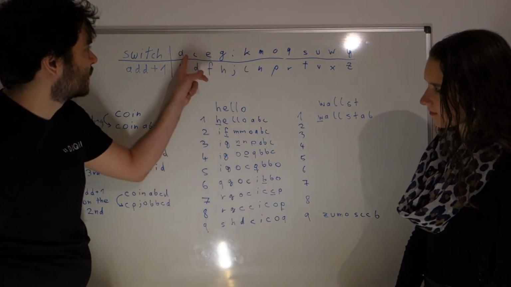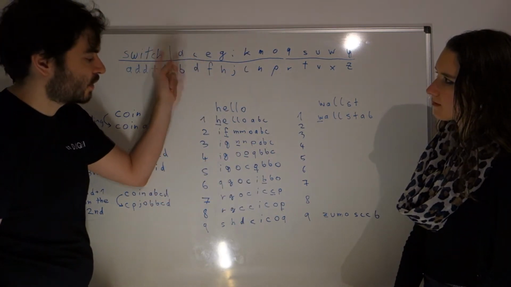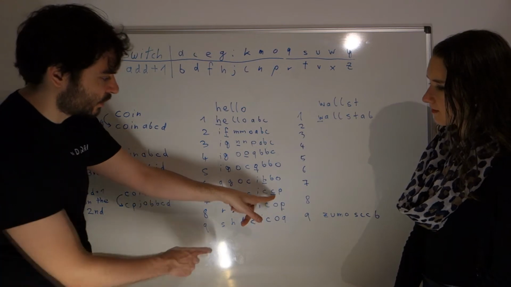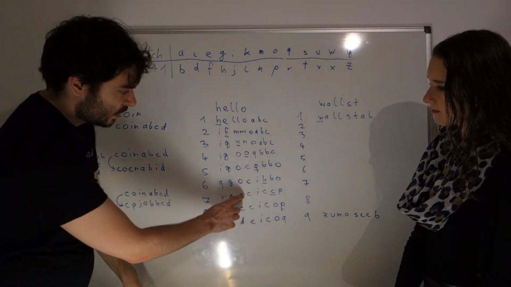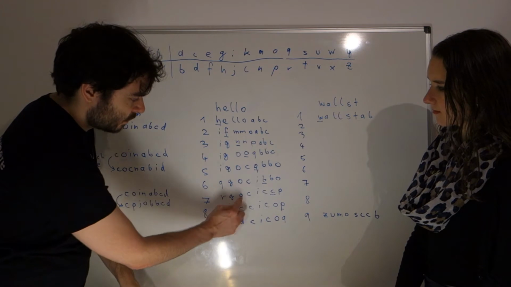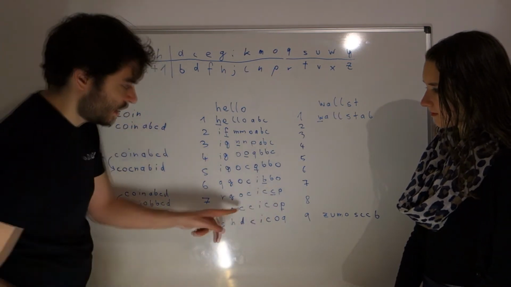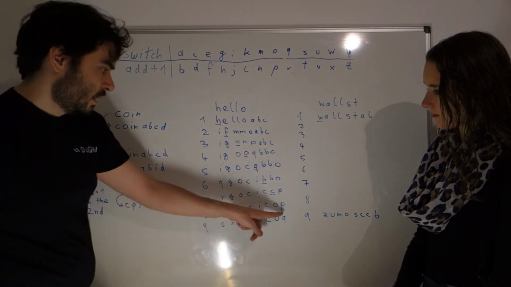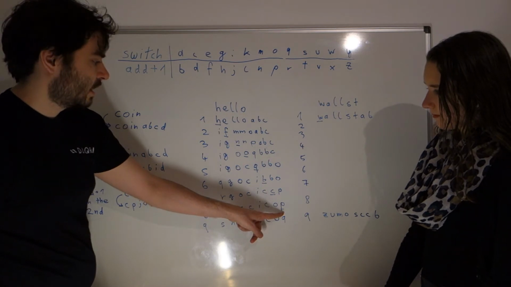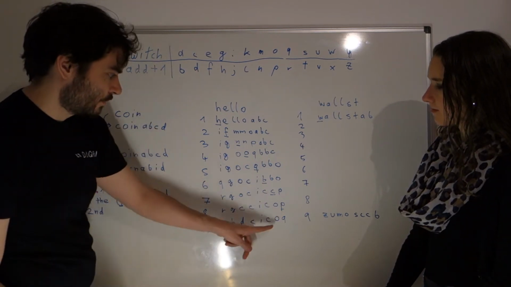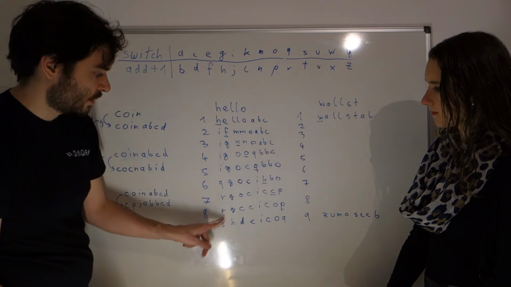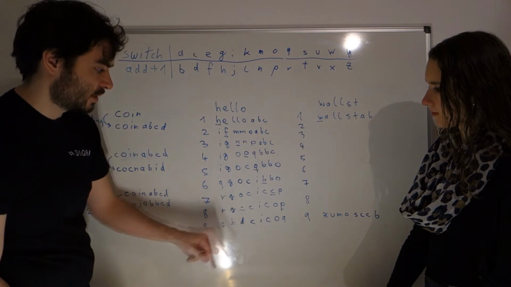The C is actually in the 1st row, so the C is switched with the O here, so 1, 2, 3, 4, so right, and finally the P is in the 2nd row, so the P becomes a Q, R becomes an S, G becomes an H, C becomes a D.